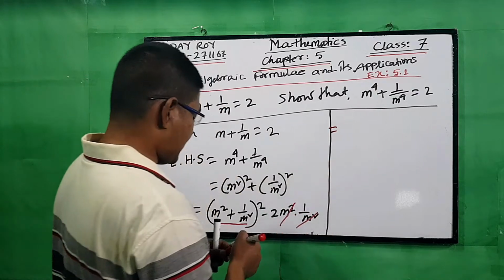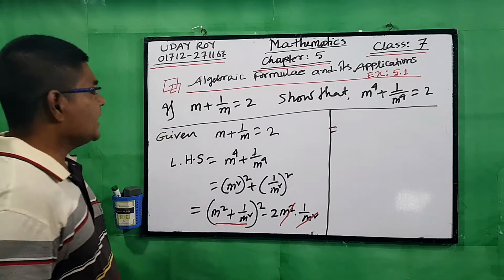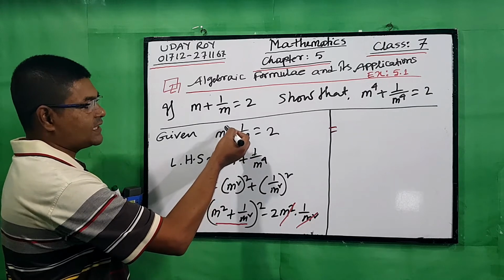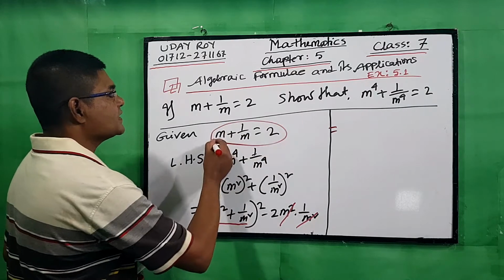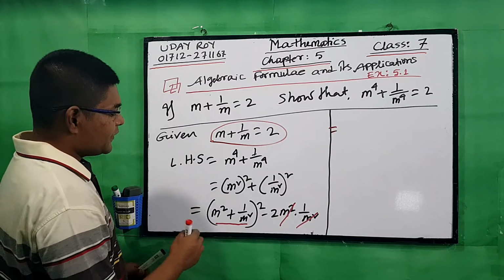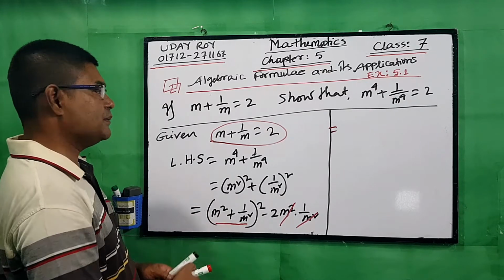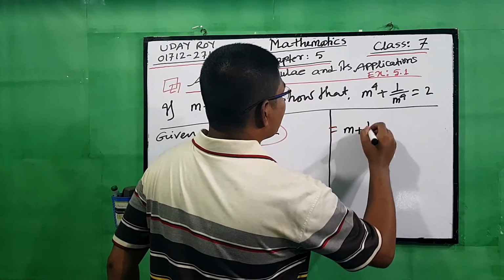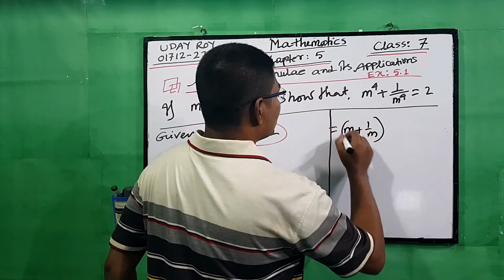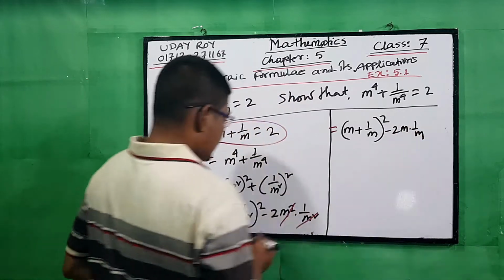Now come back here. Now you can see the given part. Your given part is plus. You can see here your given part is plus. Now you have to break in this part, a square plus b square. So we will get a plus b whole square minus 2ab.